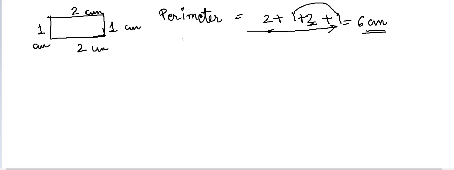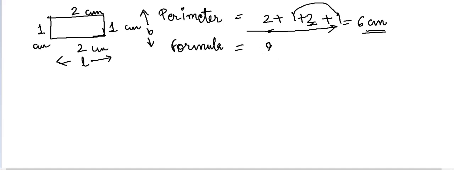So let us derive the formula for this. This is the length and this is the breadth. So the formula for the perimeter is twice of length plus breadth.